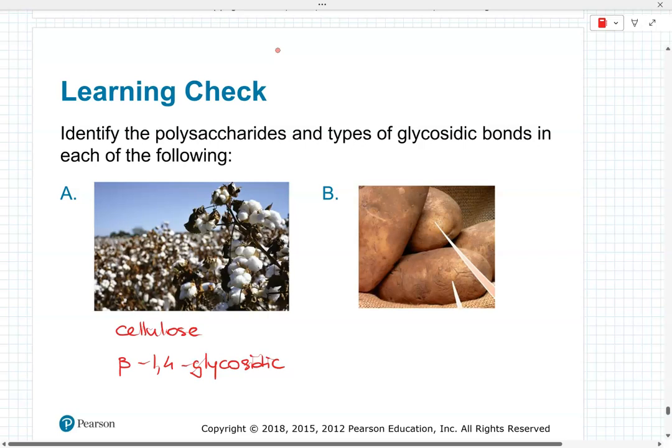Potato. What polysaccharide are you going to find in potato?